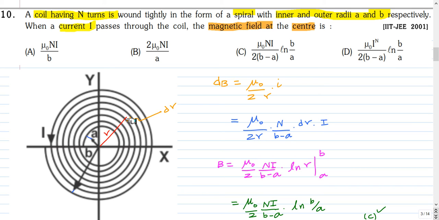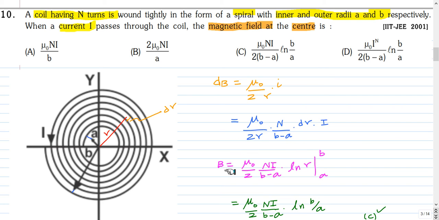The magnetic field due to the current flowing in this small elemental length dr is mu naught by 2r into the current flowing in this elemental length, that is total number of turns n divided by b minus a, that is total number of turns per unit length, into dr. So this is the number of turns in the length dr into the current I. So this is the net current flowing through the elemental length dr.